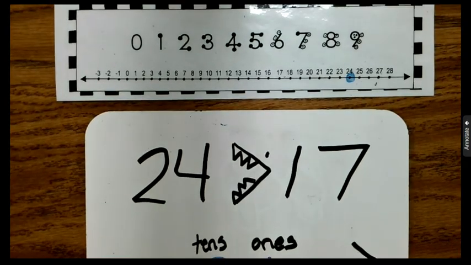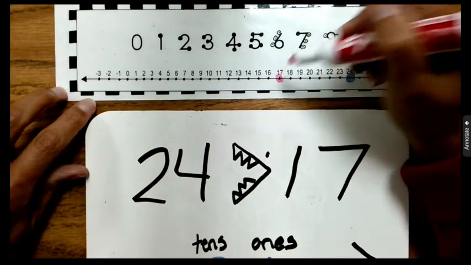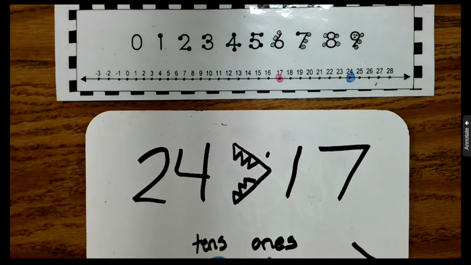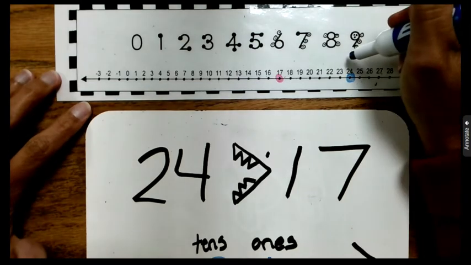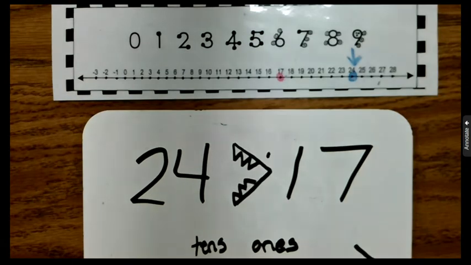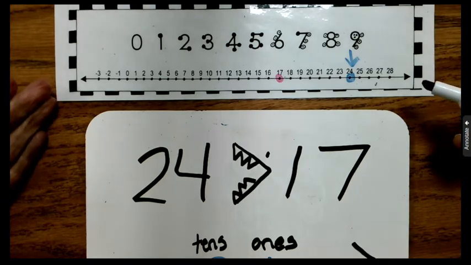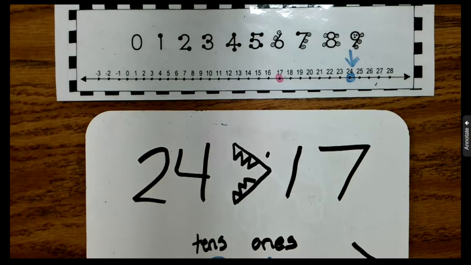And then we have 17, which we'll show with red. And out of these two numbers, you can easily now see that the 24 is located further down the number line and hence is greater than 17. So using a number line is a great way to do it, and stacking the digits.